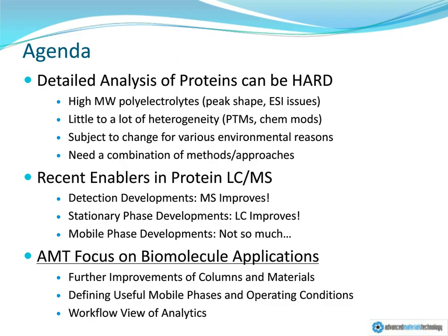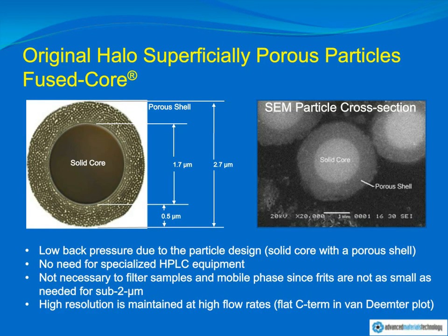Now, as I mentioned, our primary commercial activity at Advanced Materials Technologies has been concerned with the improvement of liquid chromatographic stationary phase materials, that is, column packing materials, and the means of putting them into columns for useful application.